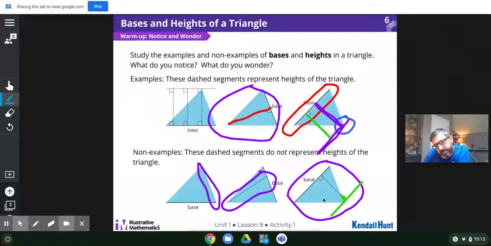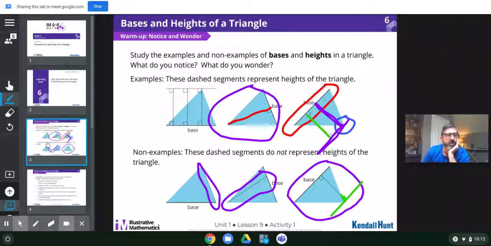So that's not an accurate representation of the height. So again, when you find your base, you draw a perpendicular line to the opposite corner or the opposite vertex, and I always encourage you to draw it right underneath that opposite corner, like you see in this middle triangle at the top.